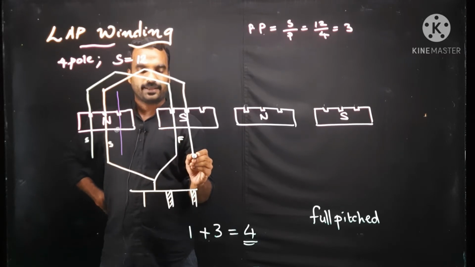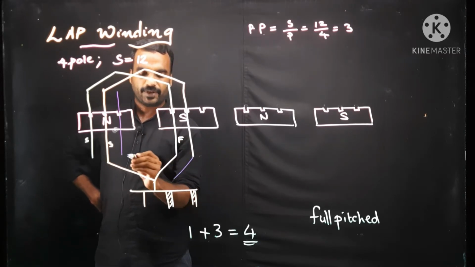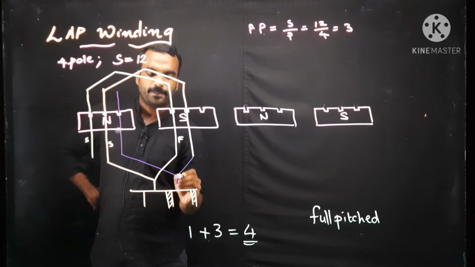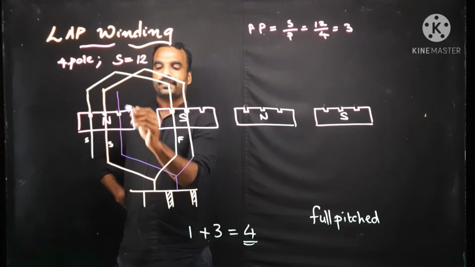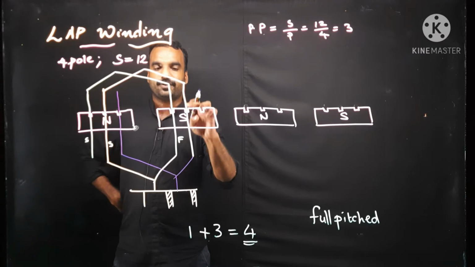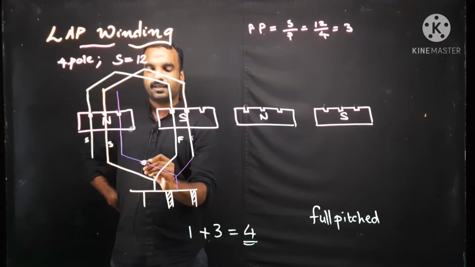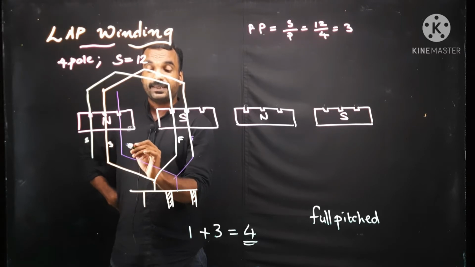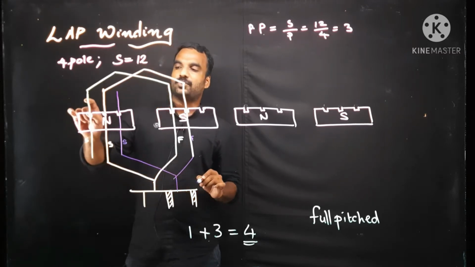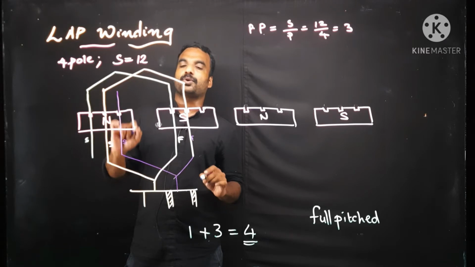Then I have to connect this winding back: the finishing end of the second coil is connected to the beginning end of the third coil. First coil, second coil, third coil.